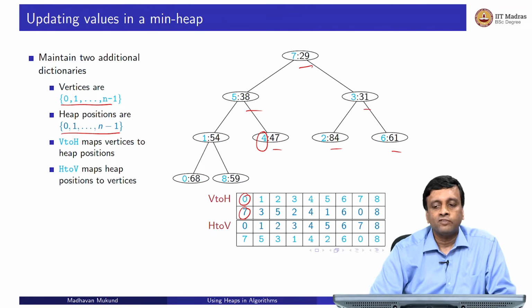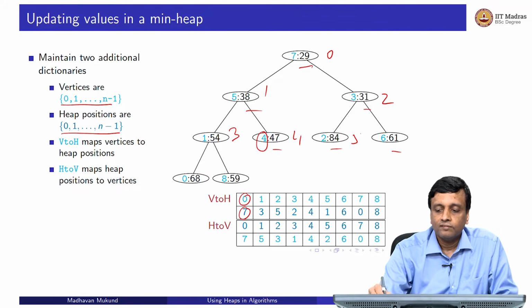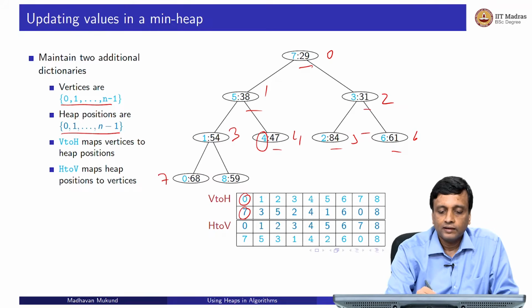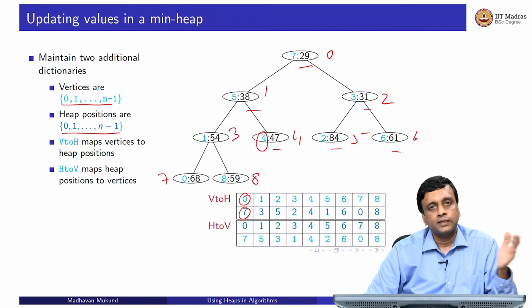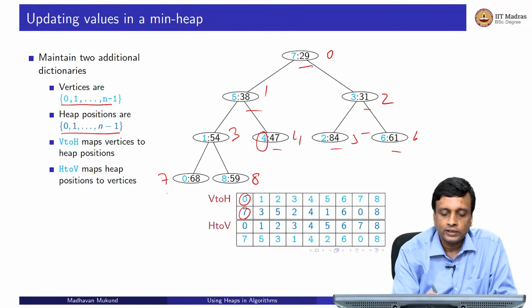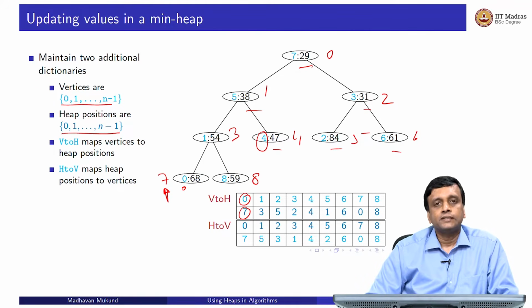So if I want to update vertex 0, remember that I number a heap from the top, 0, 1, 2, 3, 4, 5, 6, 7, 8. These are my heap indices, which are determined by this top to bottom, left to right order. It says 0 is at 7, so I just have to go to heap position 7, and indeed I find that the vertex there is 0.